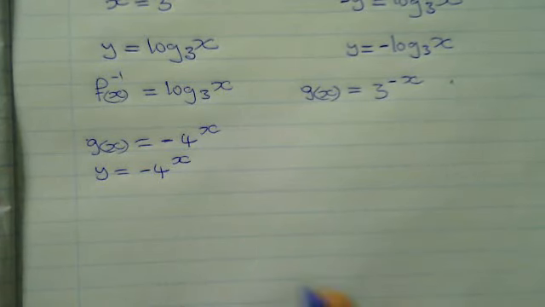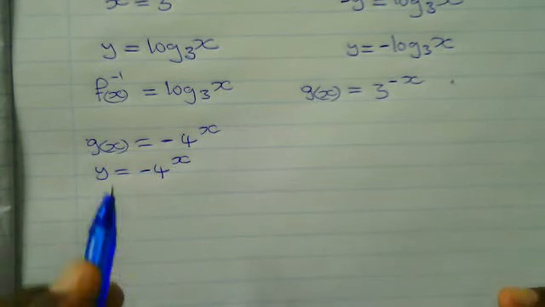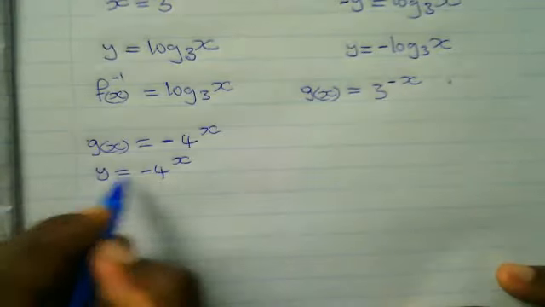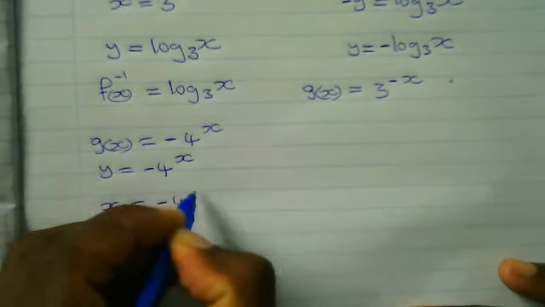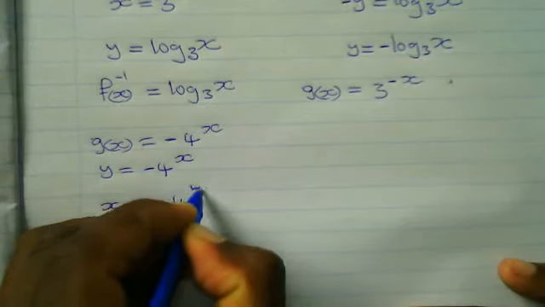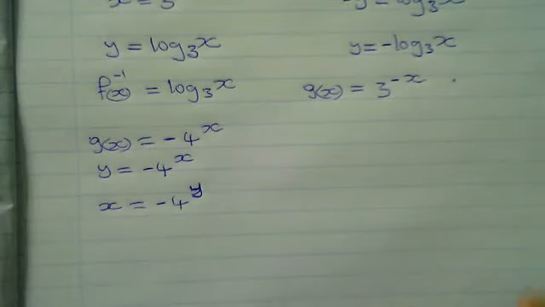And how do we do that? Let's swap this. We have x is equal to negative 4 raised to y.